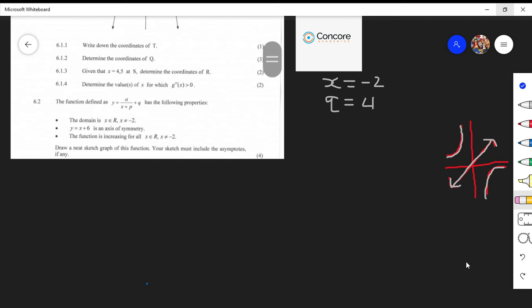So now to get back to the question, draw a neat sketch graph of this function. Your sketch must include the asymptotes, if any. So we can start with our x and y axis.